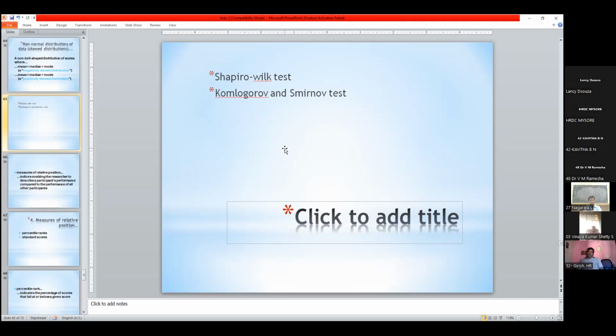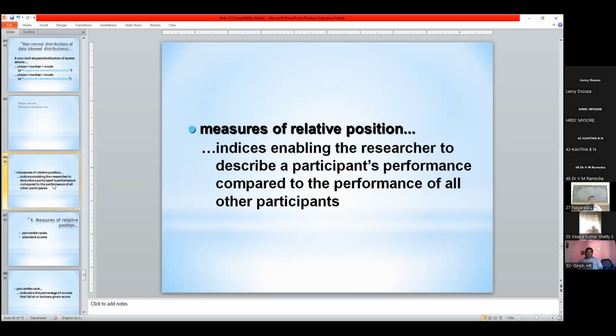So that's the idea. Then we'll move on to measures of relative position, which give the idea of a participant's performance compared to the performance of all other participants. For example, if you go for CAT ranking, combined aptitude tests, there are several aptitude tests done at the national level.